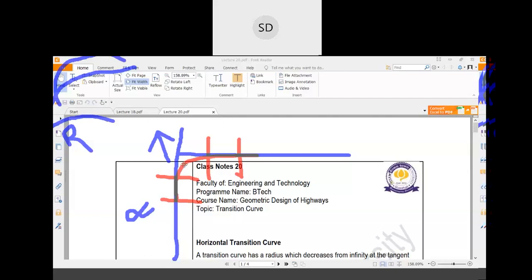Now you know in the horizontal curve you have to provide your super elevation. Now if that horizontal curve starts with a circular one at the start of that curve, what will happen? Your cross section of the road would look like that.